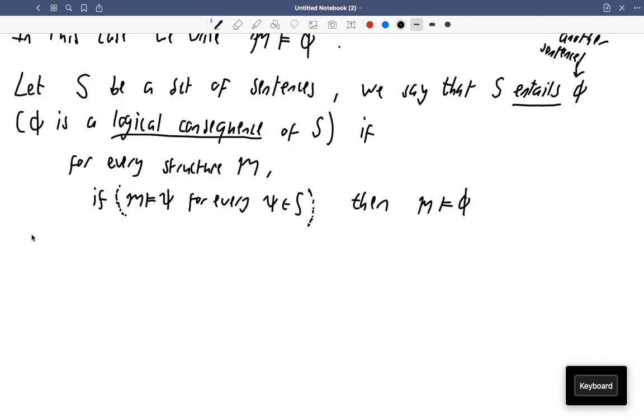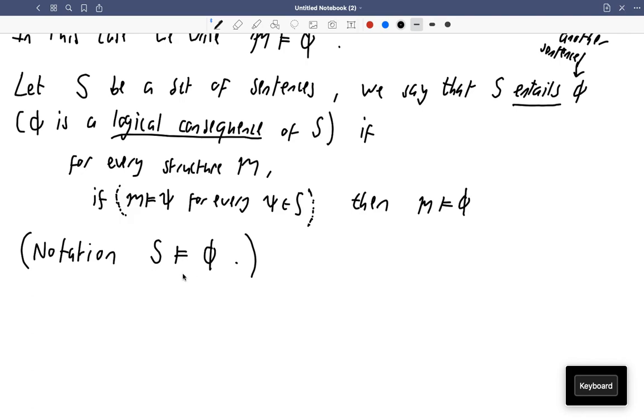And our notation for logical consequence is S, again the same symbol we use for the satisfaction relation, phi. I think we used this before for propositional logic, but now we're using it in two different ways for predicate logic.